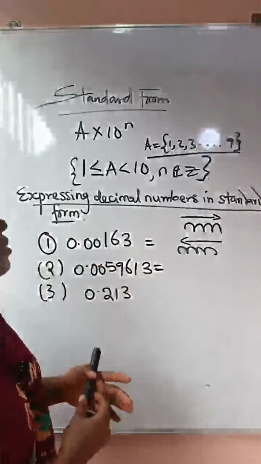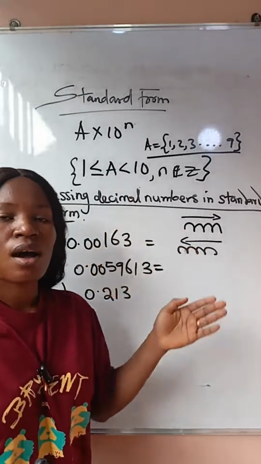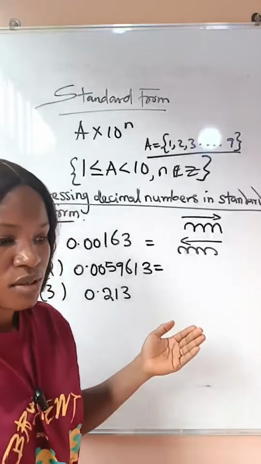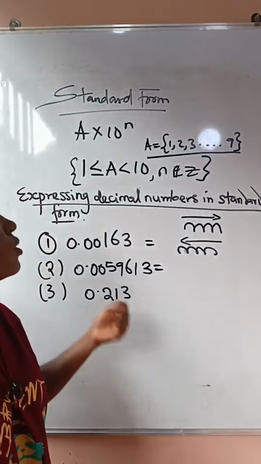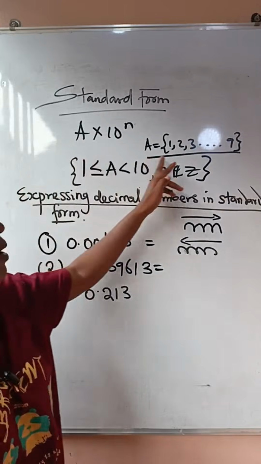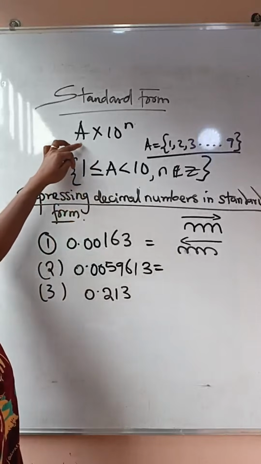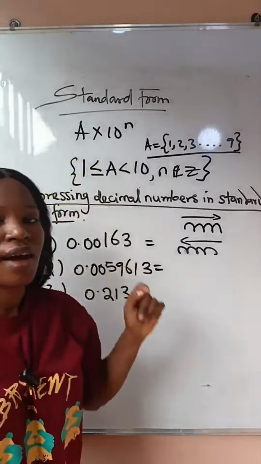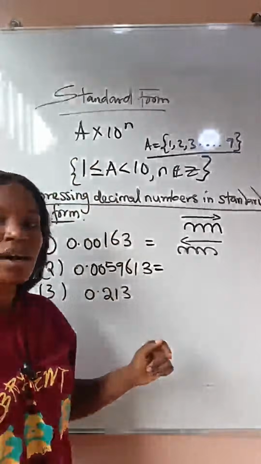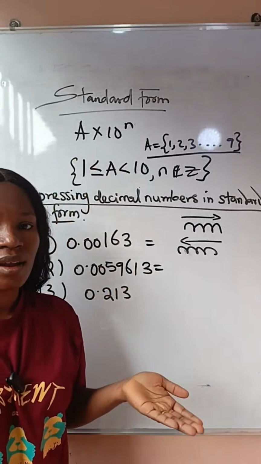Okay, and I also said in the previous video, which I still advise that you go and watch so that you flow with what I'm doing, that if you want to express a number in standard form, that number must be written in this way: a times 10 to the power of n. It was written as a times 10 to the power of n.